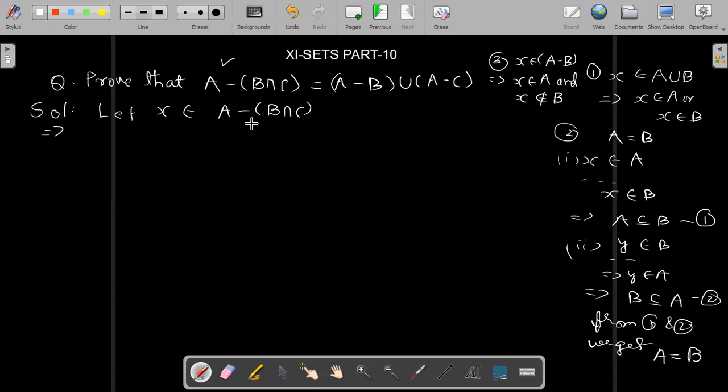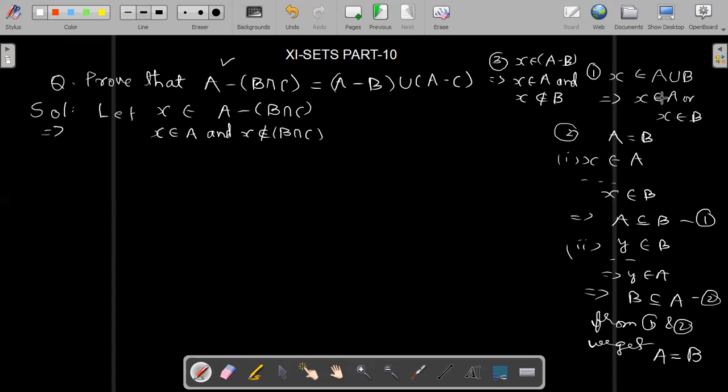So if you remove this minus sign, we get X belongs to A and X does not belong to B intersection C.